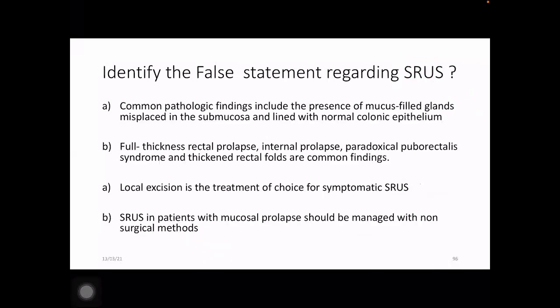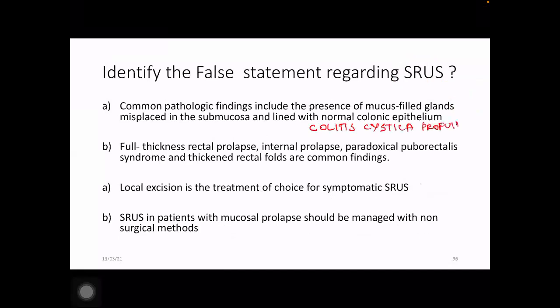Again, another question on SRUS. Identify the false statement regarding SRUS. Common pathological findings include the presence of mucus-filled glands misplaced in the submucosa and lined with normal colonic epithelium. True or false? True. Yeah, this is a very important pathological finding. It is called colitis cystica profunda.